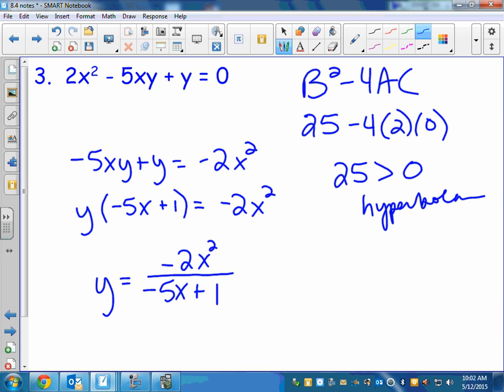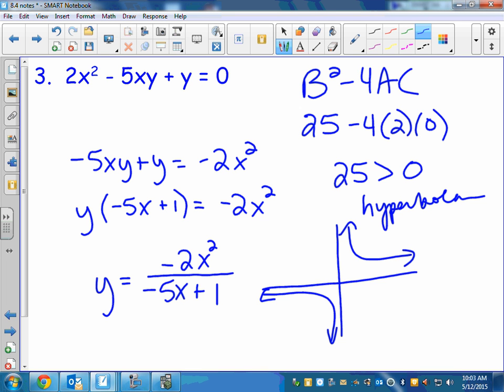Does this look like something that we have done in the past? This is just a rational function. Do you remember when we graphed rational functions and they had asymptotes? And they kind of looked like this, like sometimes they look like this. Does that kind of look like a hyperbola? The 2 branches? Yeah.